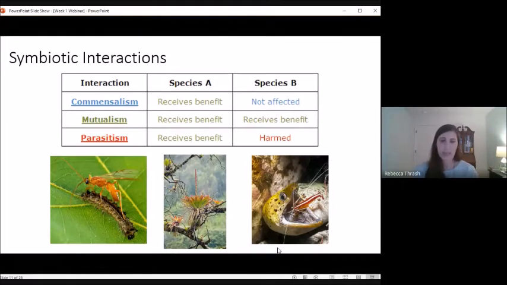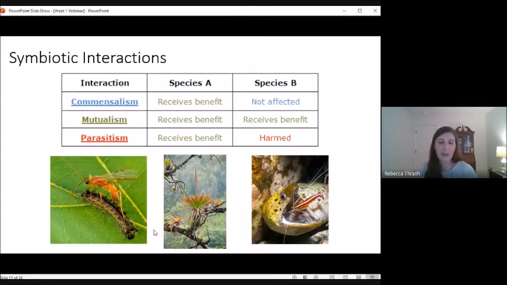And you may recognize some of this stuff. Here, this is a type of wasp. There are many different species that do this. But instead of making a nest and laying their eggs, they use caterpillars as their place to deposit their eggs.